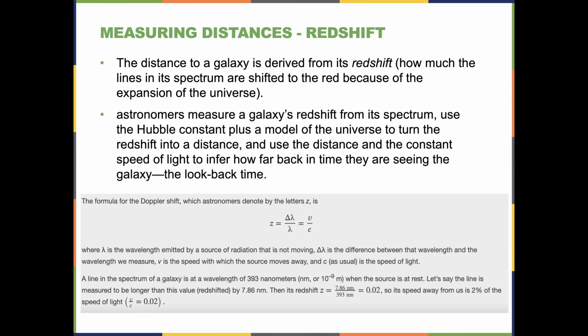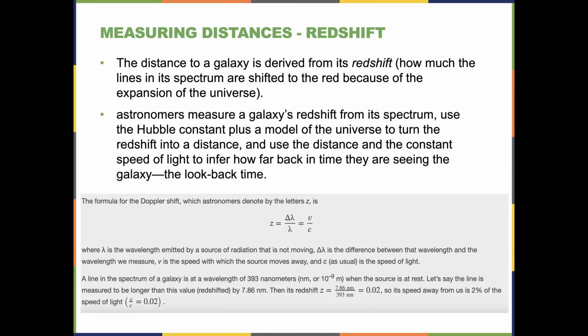So we have discussed that all the galaxies are moving away from us, and so astronomers measure what we call the redshift, based on the spectrum of the galaxies, right? That is clear from the example that you see at the bottom.